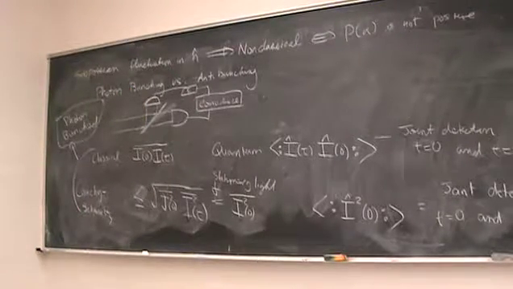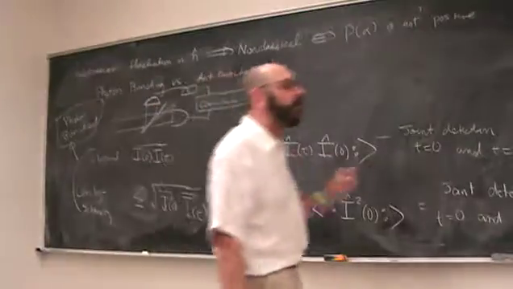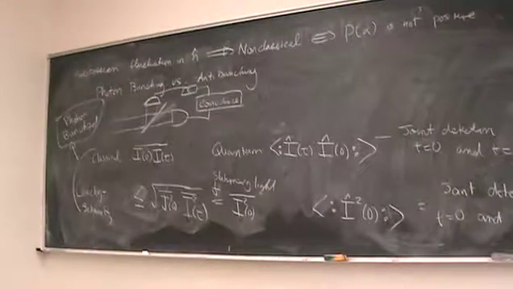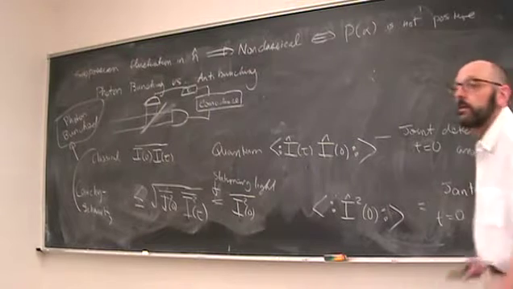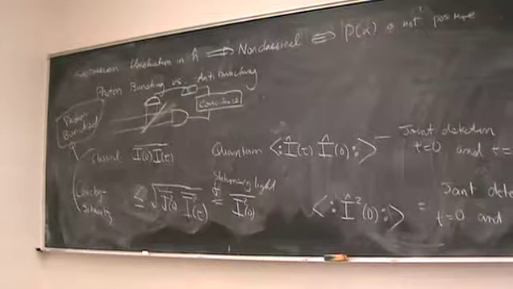Right. Okay, so the upshot of all of this is that we have a way of distinguishing classical from non-classical light in an operational sense, right?